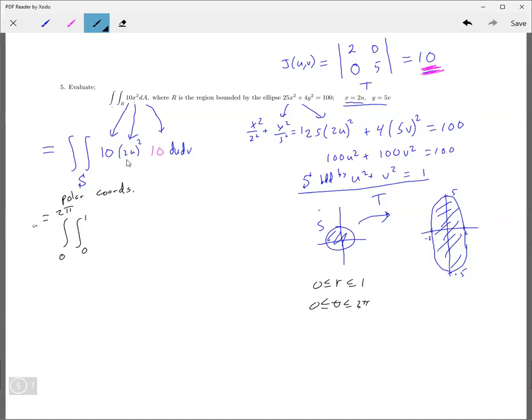And so this is going to be 400, and then u takes the place of x. So that's going to be r cosine theta, all squared. And then there's another r dr d theta.